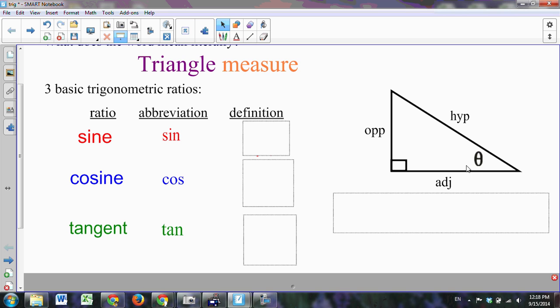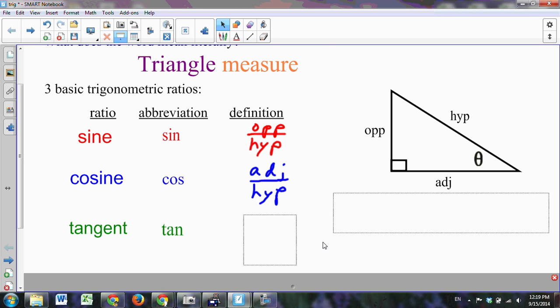Theta's sine is the ratio of the length of the opposite leg divided by the length of the adjacent leg. Opposite divided by adjacent. Theta's cosine will be the adjacent leg's length divided by the hypotenuse's length. Adjacent divided by hypotenuse.